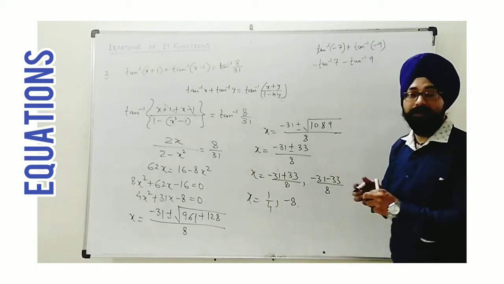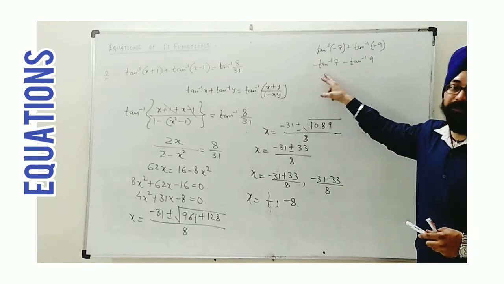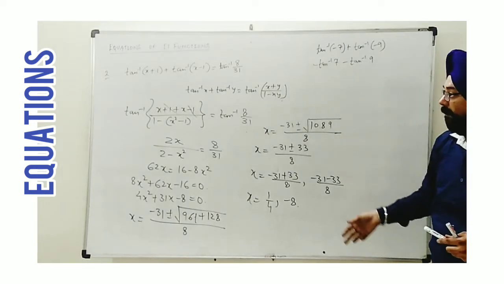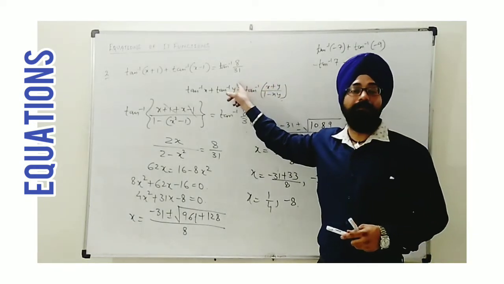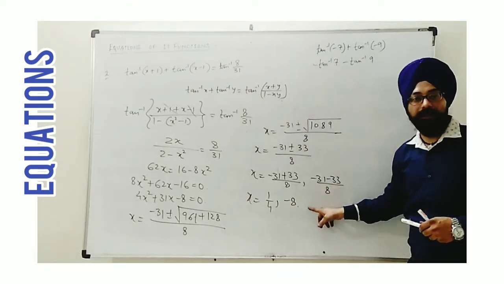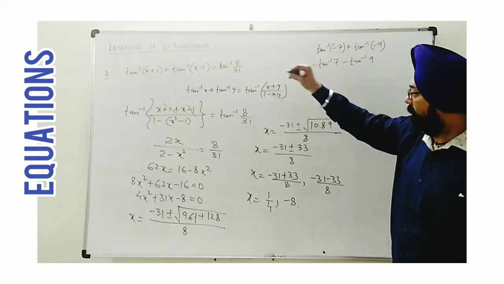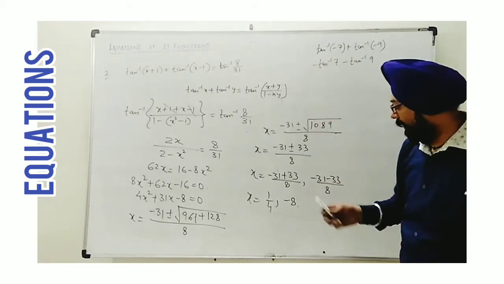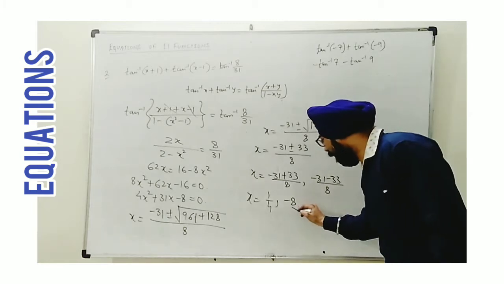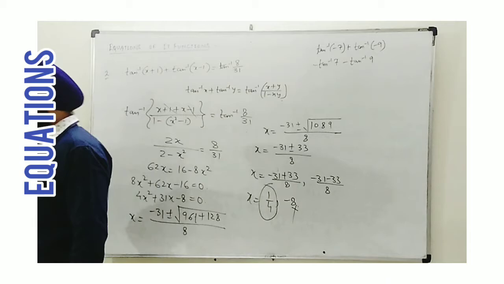Now you see both of the terms are negative. We will take a minus sign common and simplify them by the identity. But the right hand side value is completely positive. It shows that the negative value will not be accepted. So just with the help of the sign, we can reject minus 8 and the final answer would be x equal to 1 upon 4.